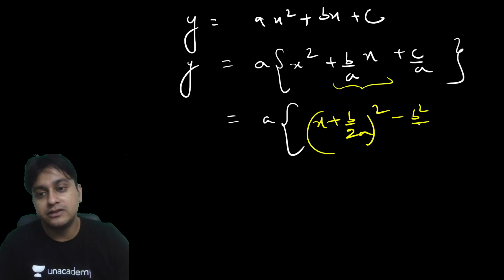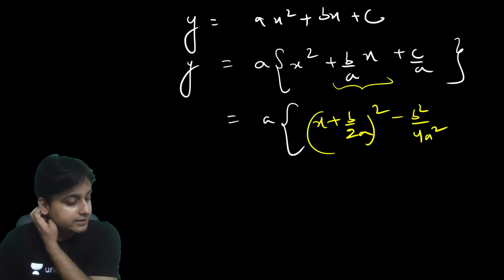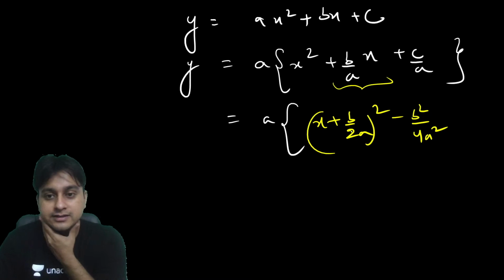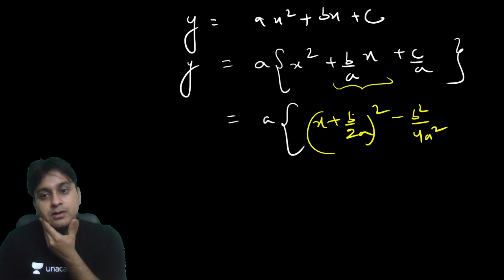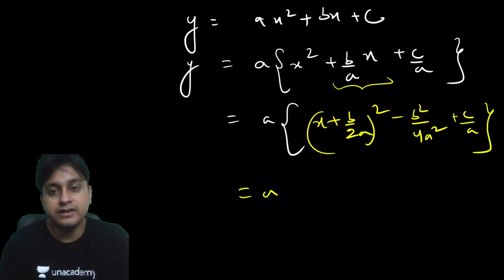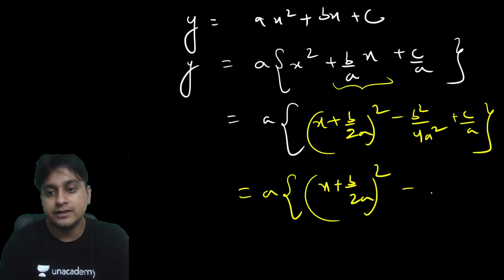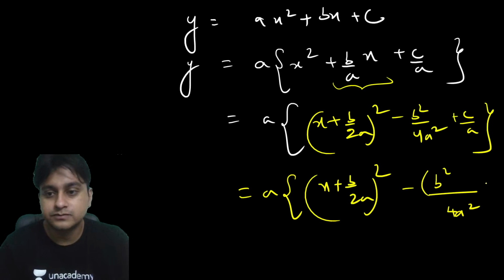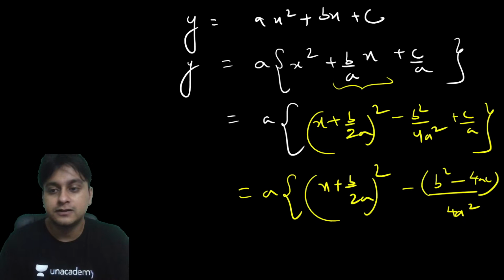So you have to subtract b square by 4a square, then only you will get these cases, a square plus b square plus 2ab, and then plus c by a, right? Now if you take 4a square common, we get minus b square, and then minus 4ac, right?